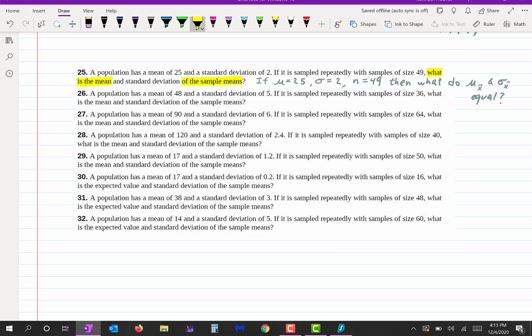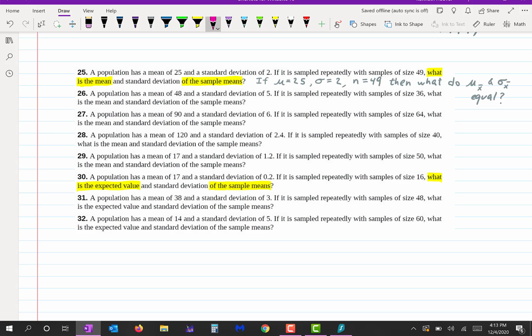Look at 30. It says, what is the expected value of the sample means? Okay, the answer is the same either way. And the answer is whatever mu is. So for number 25, the answer is 25.